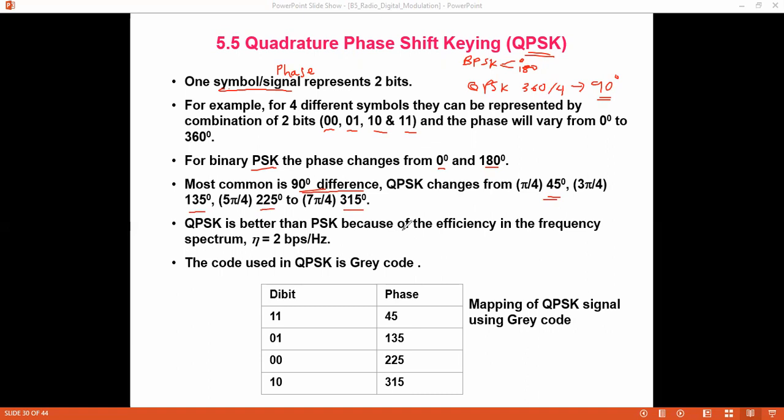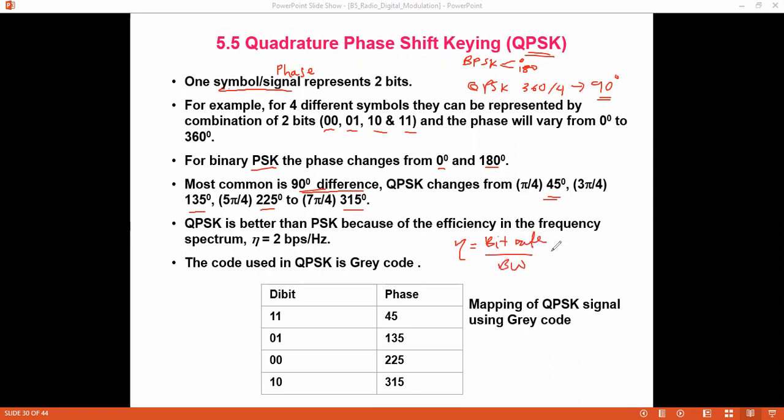In multi-level shifting techniques, we have a concept known as spectrum efficiency. Spectrum efficiency is defined as the bit rate divided by bandwidth.